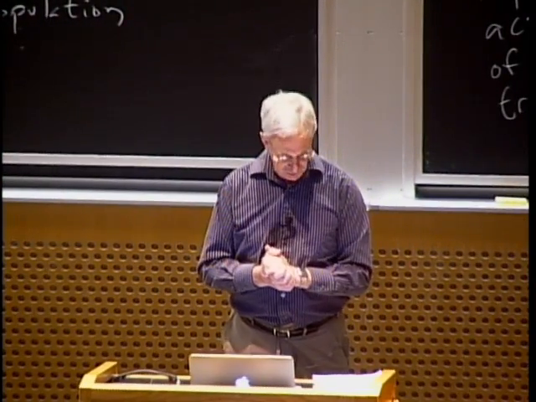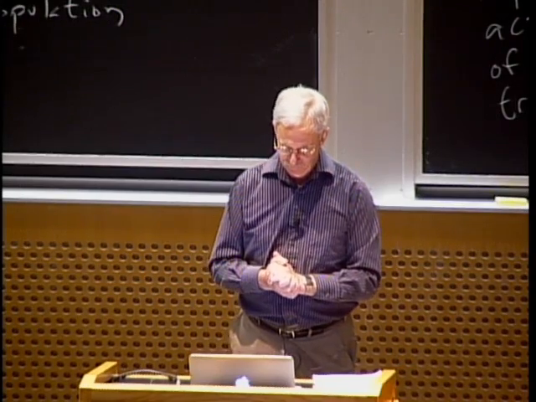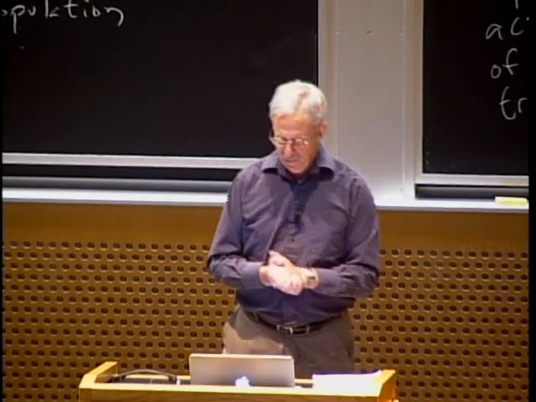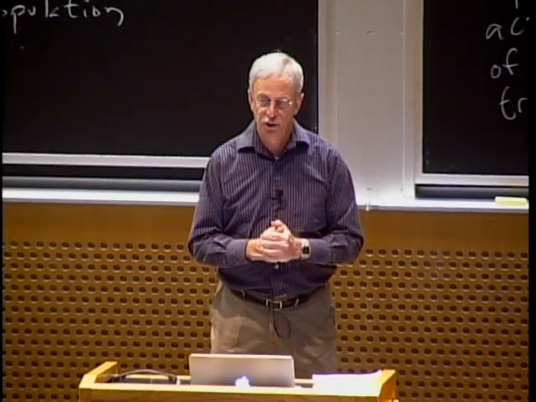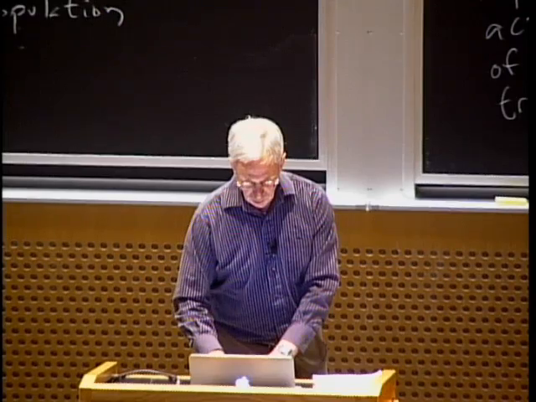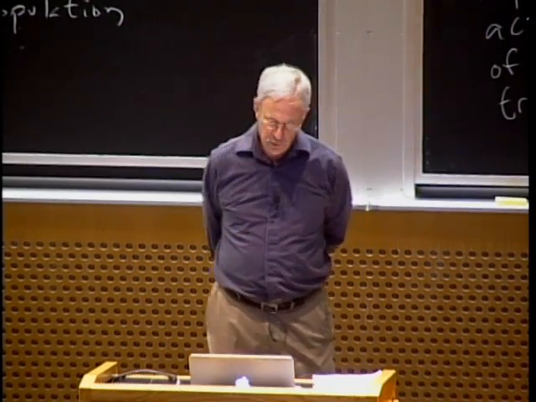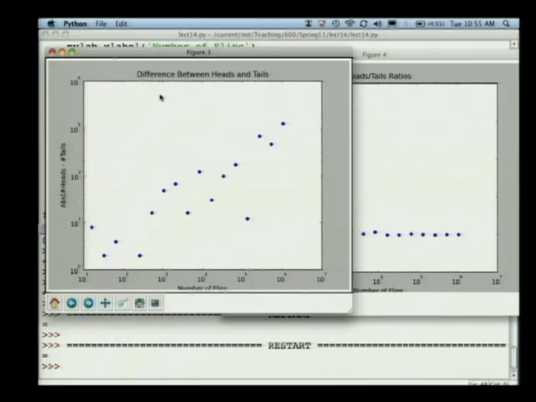The next question is, how certain can I be? Can I really be certain that indeed this should be converging to 1? Here, if I sort of look at it, it does look like there's kind of a linear trend of the absolute difference growing as the number of trials goes. How certain can I be of that?